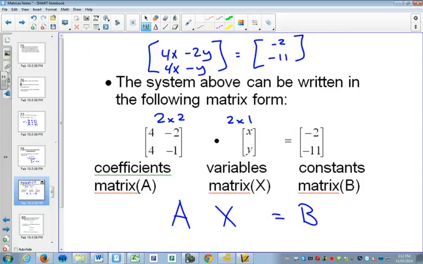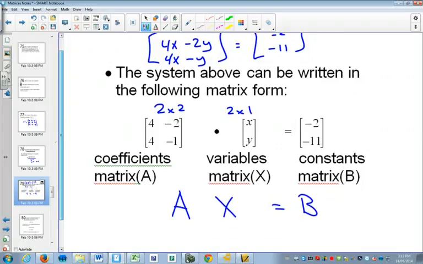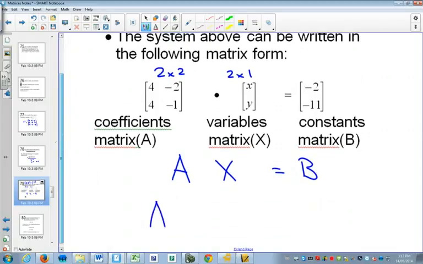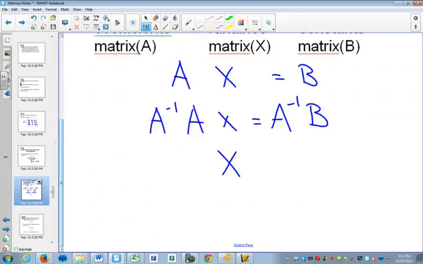So we can figure out what X is by multiplying both sides by the inverse, because this will equal 1. This is on your next page, but I just like to write it out. This is equal to 1, and then you find out what X is, and it should work out to be the negative 9 and negative 5 that we saw before.